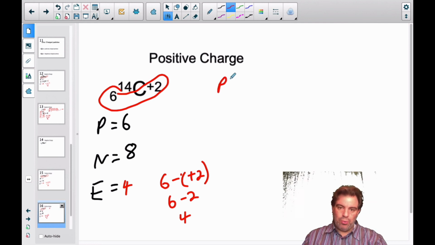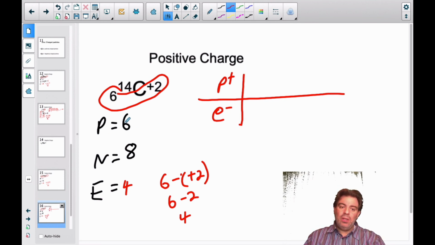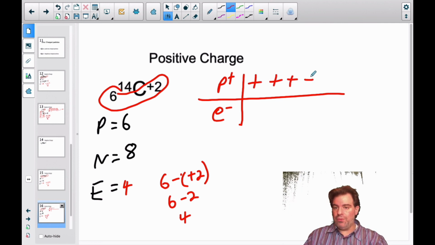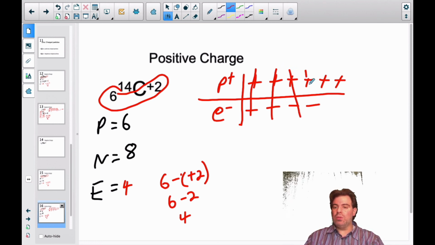Let's now do a proton to electron ratio chart so we can see what it is for a cation. So how many did we say we have here? We have 6 protons. So let's put 6 positives. 1, 2, 3, 4, 5, 6. And now we have 4 electrons. 1, 2, 3, 4. So these will cancel, these will cancel, these will cancel, these will cancel.